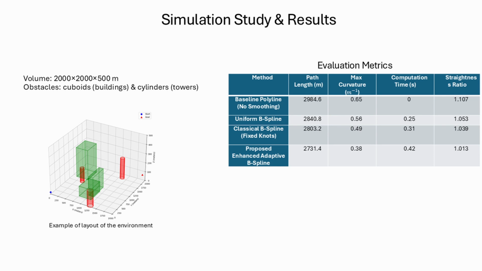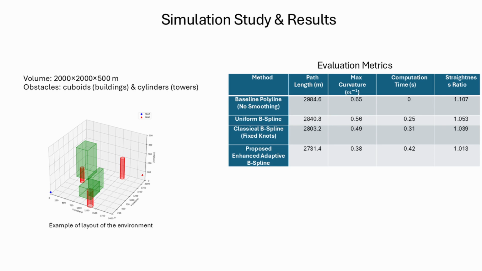It is like a series of straight lines connecting main points. It is functional but often jagged and dynamically challenging for a UAV. Second, the uniform B-spline. This is a common simple smoothing technique where the B-spline nodes are spaced evenly. It's a basic but effective way to add smoothness.